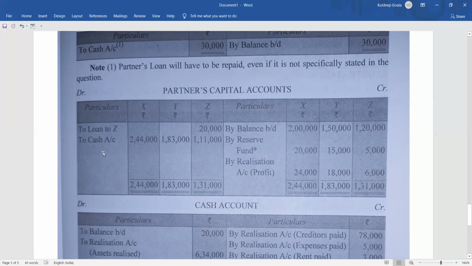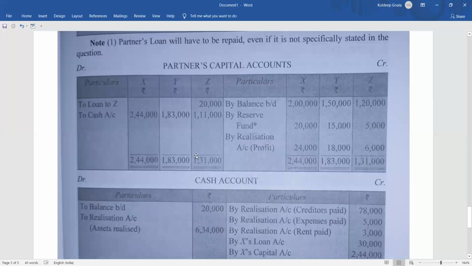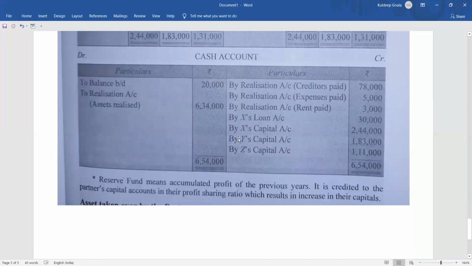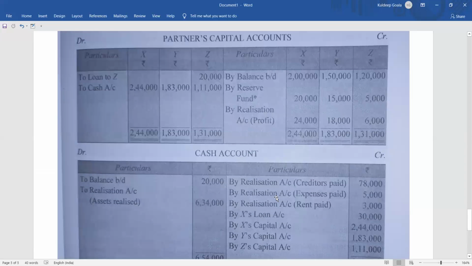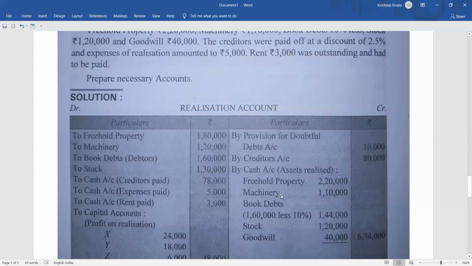So it will appear as: by X capital account 2,44,000, by Y's capital account 1,83,000, by Z's capital account 1,11,000. The total of both sides is 6,54,000. This is how you are going to solve a sum related to dissolution.